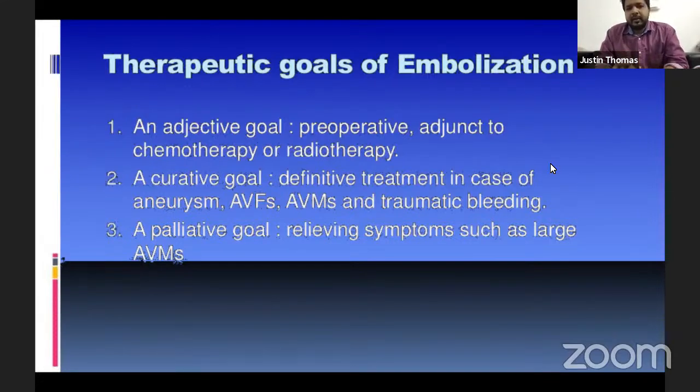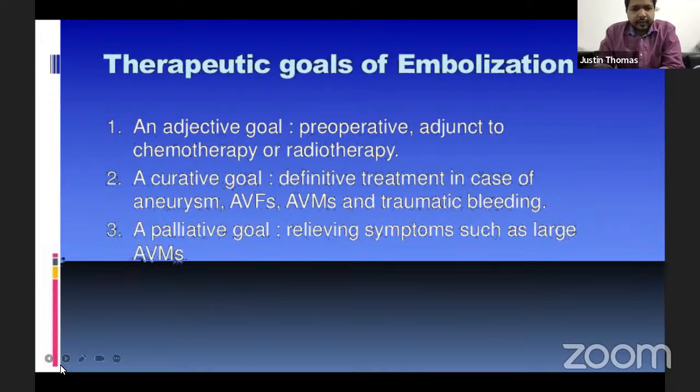It can be preoperative in cases of large AVMs, and in tumors it can act as pre-chemotherapy and also pre-radiotherapy. It also has a definitive curative role in AV fistulas, aneurysms, bleeding, etc. And it has a palliative role in large AVMs, especially to relieve symptoms related to neurological deficits and headache.